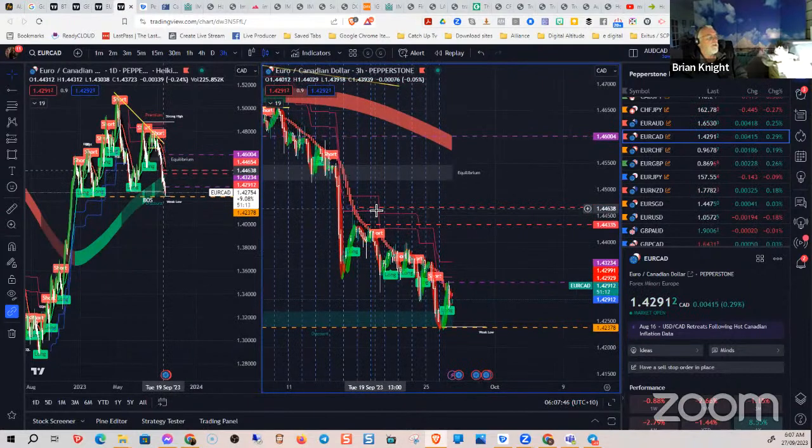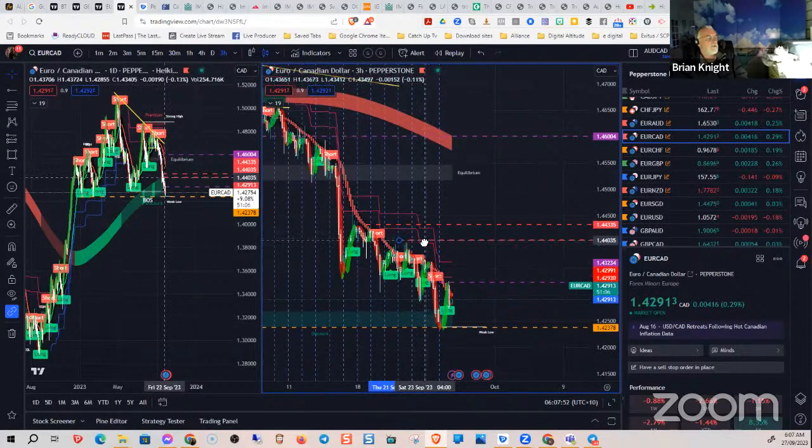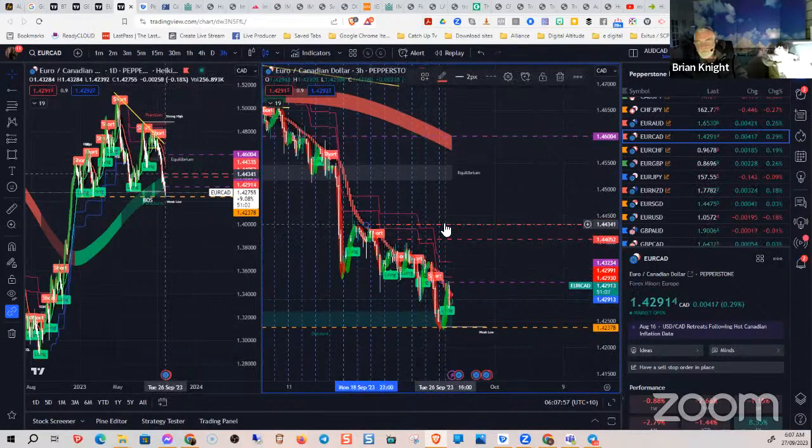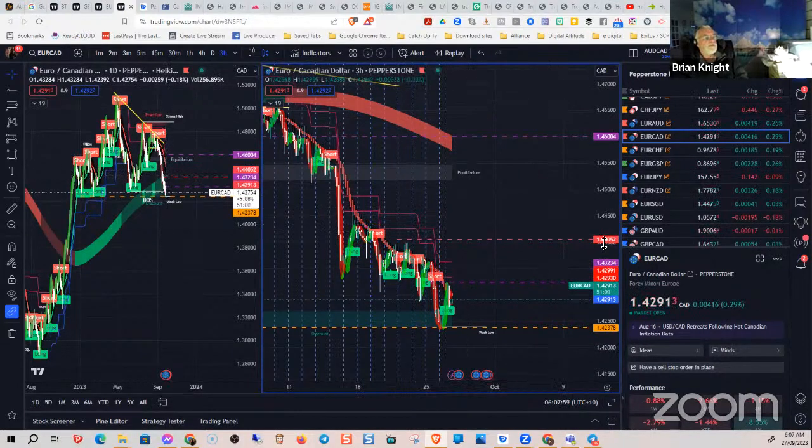Now, this stop loss, I think we'll need to move these stop losses, both of them, even down to there. Let me delete that. So that's 144052. Let me just go, where are they? Euro CAD. 144052.